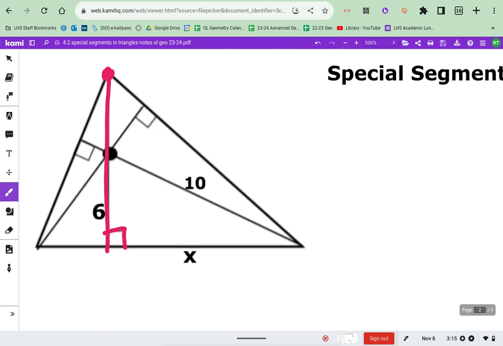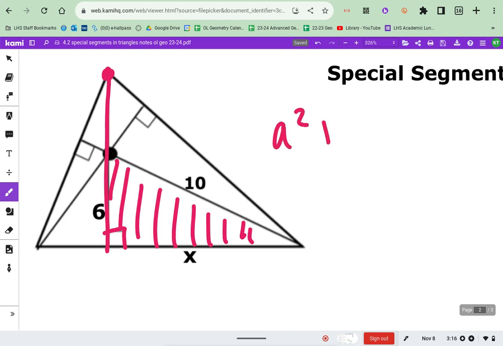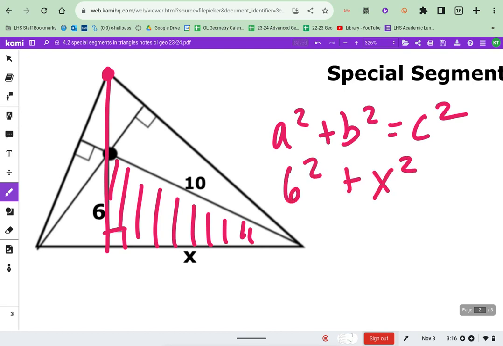Now, how can we find any missing side of a right triangle? Pythagorean theorem. Ding, ding, ding. Remember Pythagorean theorem is a squared plus b squared equals c squared. The c is the hypotenuse, which is the 10. So we'll do 6 squared plus x squared equals 10 squared.